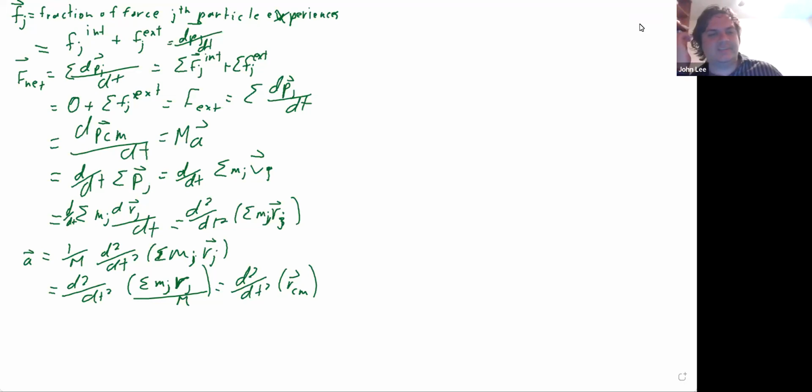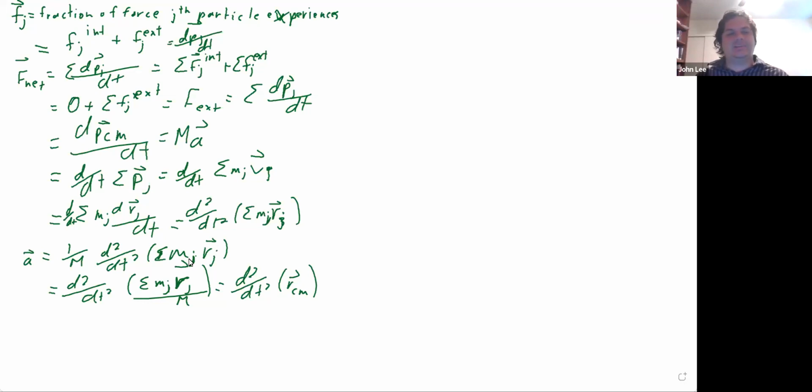Which sets acceleration equal to d squared/dt squared of the average value of each mass added together, times their position variable.